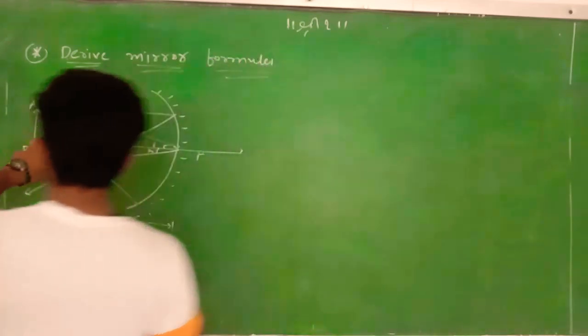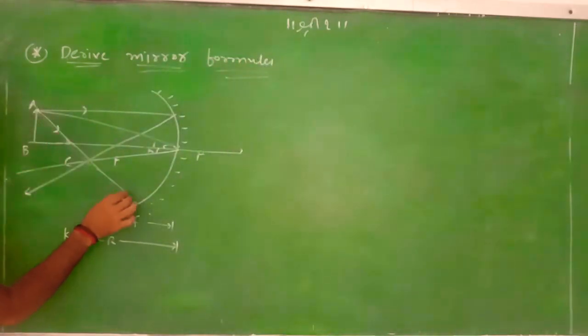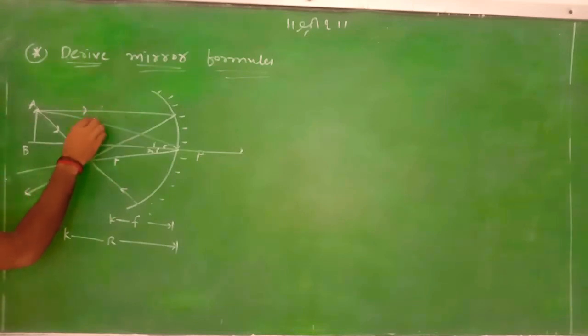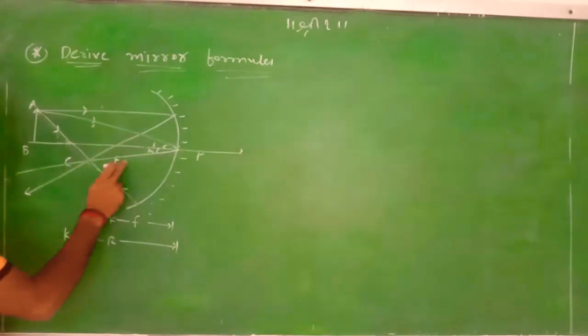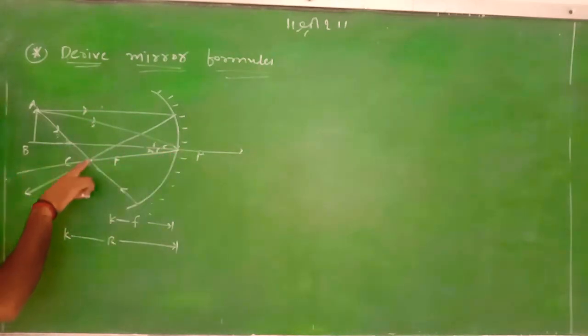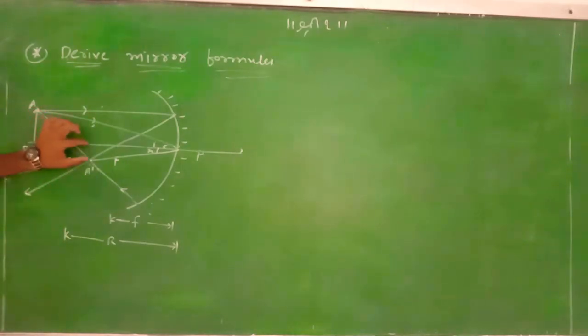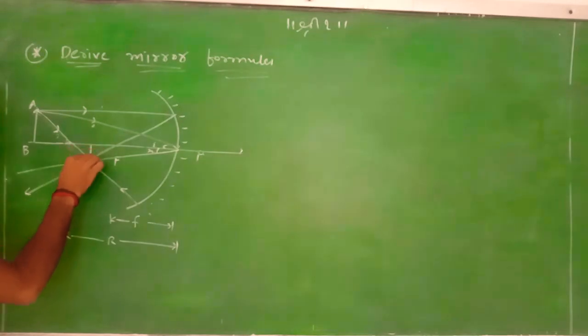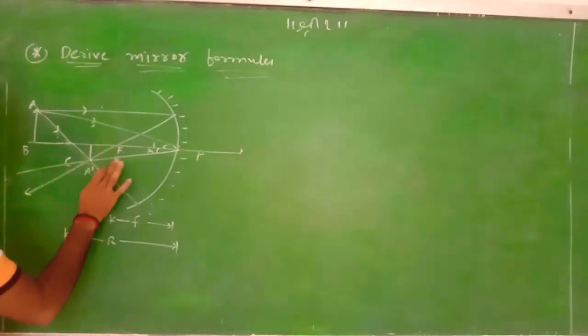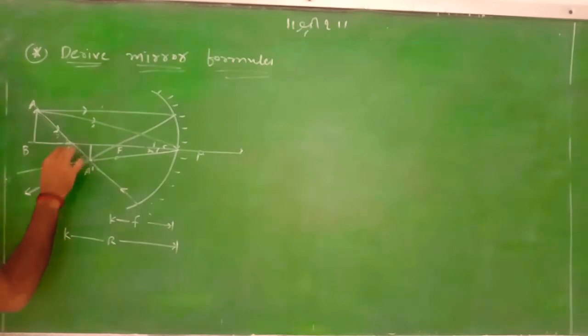So this is the first ray, this is the second ray, and this is the third ray. After reflection, these three rays meet at this point, so this point is the image of A. Similarly, for rays coming from B, you get the image here. So this is the image. This one is F, and this one is C.